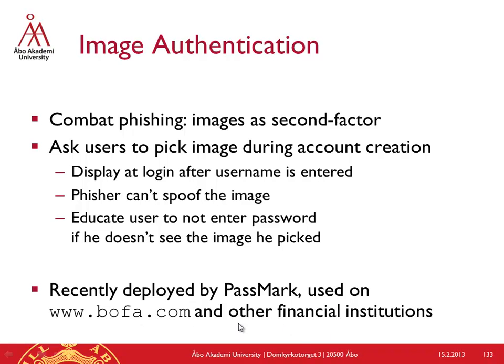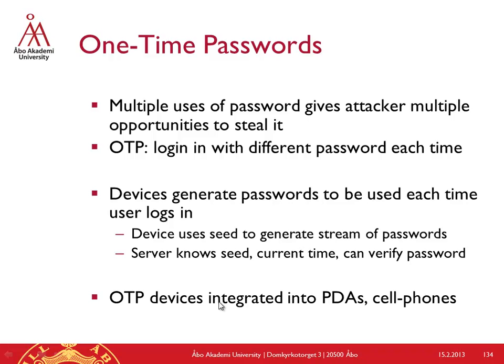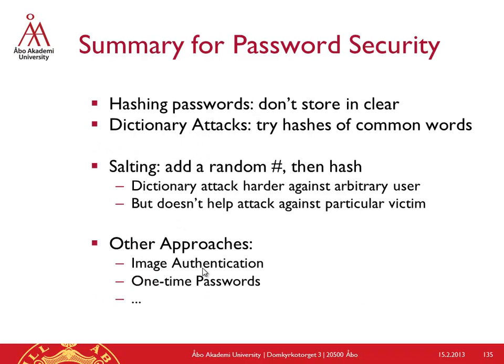This was implemented, for example, on the Bank of America website. A one-time password is used just one time, for example, just to commit a specific transaction, and it is quite widely used in modern information systems.